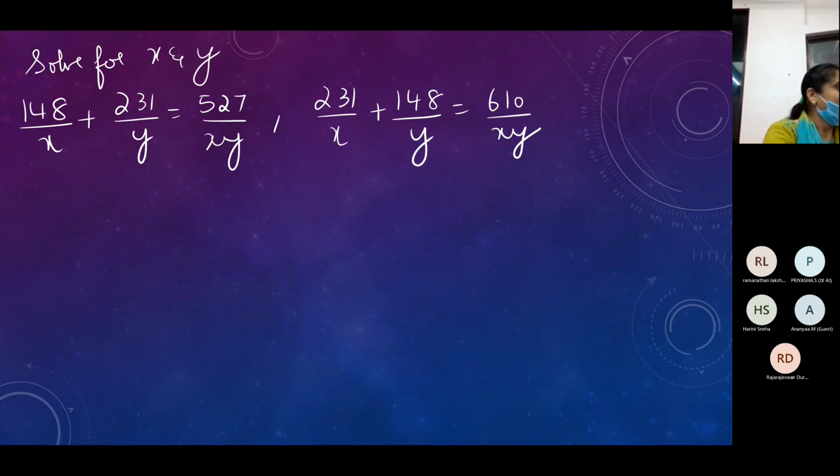Think. Infinitely many solutions? Why? Yes, I got x as 1 and y is 2. Correct. Priyasha, very good. x is 1, y is 2.